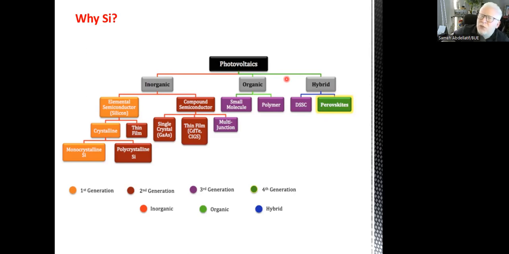So we start with a very conventional silicon-based solar cell, which is the most famous and most popular type of solar cell so far. Then we scale up to what's called thin film technology. And then we go to a lot of new trends, including organic solar cells, polymer-based or flexible solar cells, dye-sensitized solar cells, and perovskite solar cells, where most of the researchers, and I'm one of them, see that perovskite solar cells are one of the most booming technologies in solar cells nowadays.